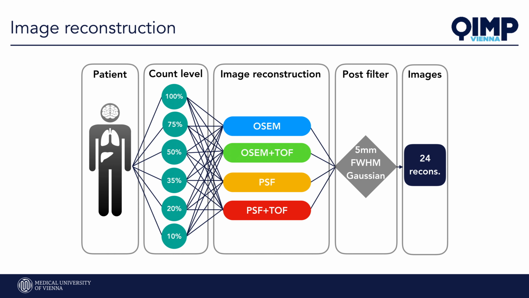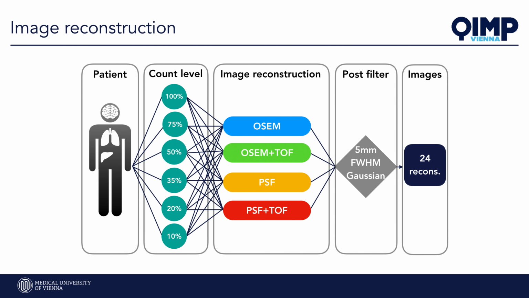We simulated virtually different count levels from 100 down to 10%, and then we used different image reconstruction techniques. So we used the standard OSEM algorithm, then we added resolution recovery, the PSF, and then we did all these reconstructions with and without adding the time of flight information. And we tried to be as close as possible to the clinical routine that is used.